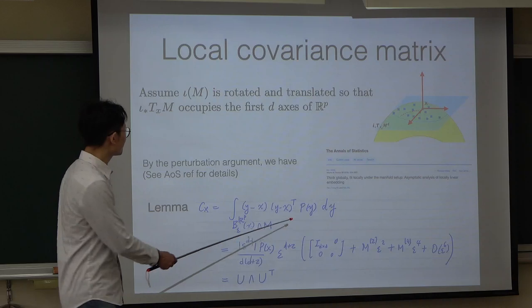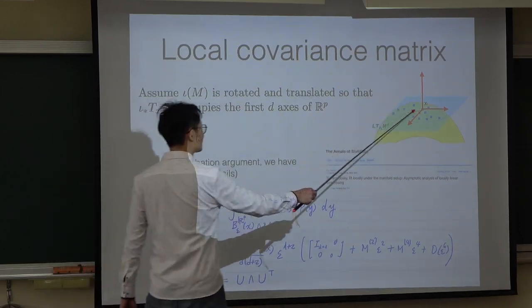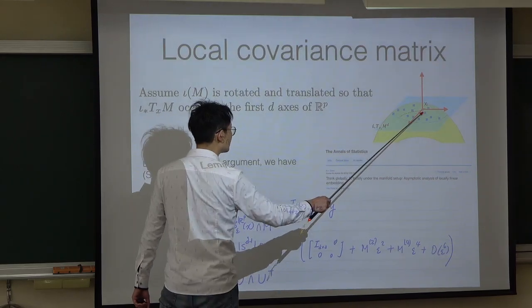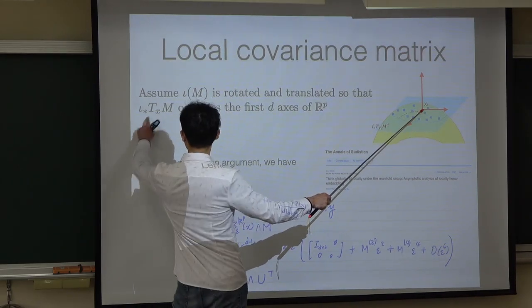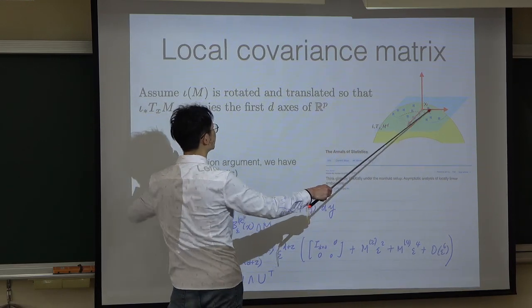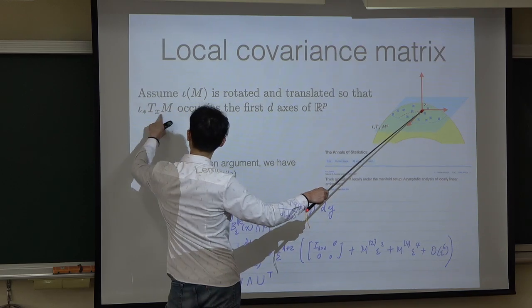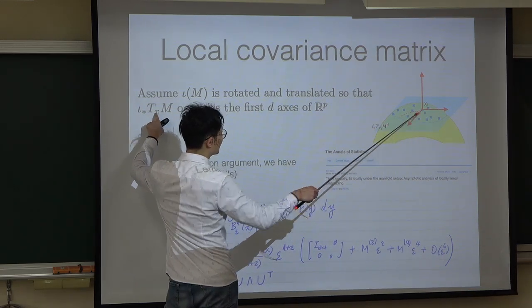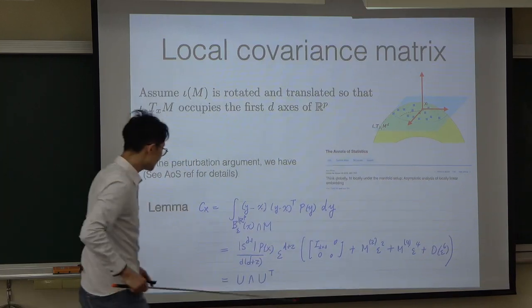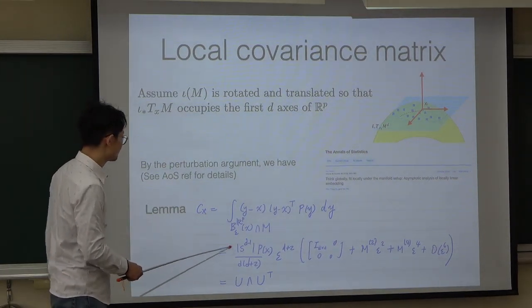Then if you do some expansion under the assumption that you have done the rotation and translation, so that x is located at 0, and after the embedding the tangent space at x spans the first d coordinates, this will be the result.